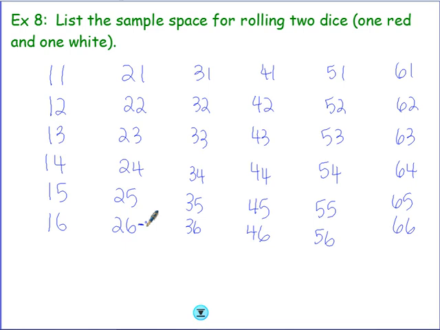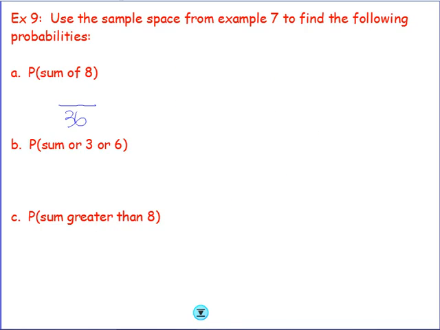Third row looks like we have 3 and 5. Fourth row looks like we have 4 and 4. Then 5 and 3. Then 6 and 2. Do you notice they're on a diagonal? That's not a coincidence. There are a total of 1, 2, 3, 4, 5 ways out of 36. And that cannot be reduced.